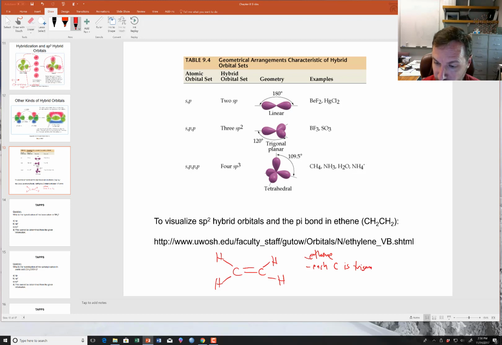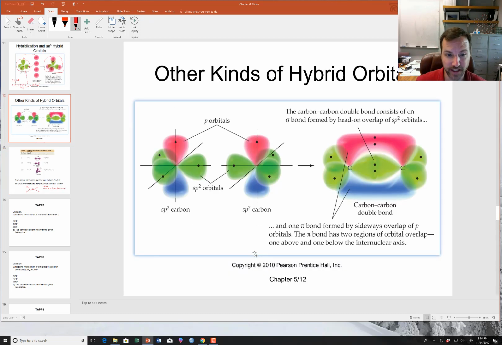So we no longer have an sp3 hybridized molecule, we have an sp2. So what we do is we take an s orbital plus 2 of the 2p orbitals, and we get 3 sp2 hybrids.